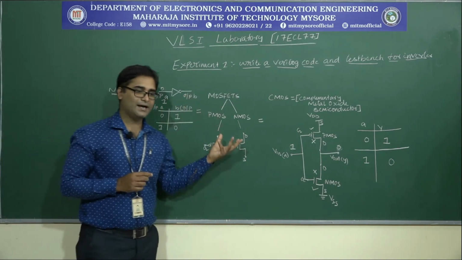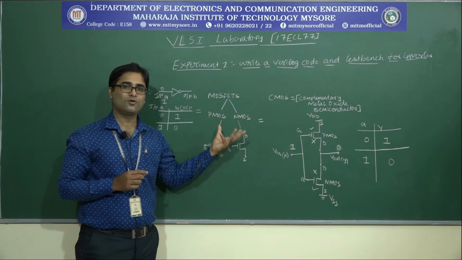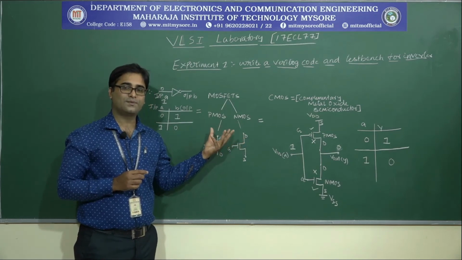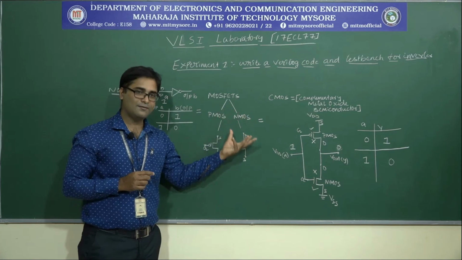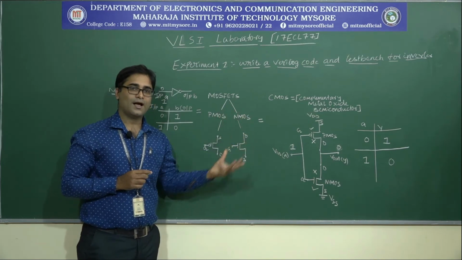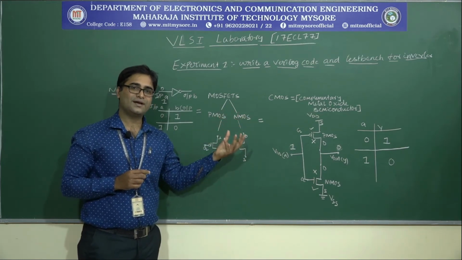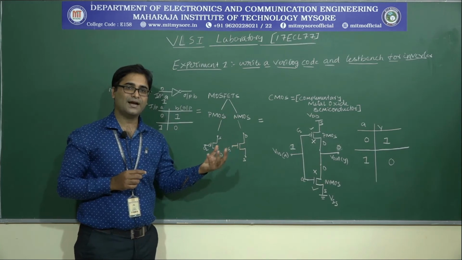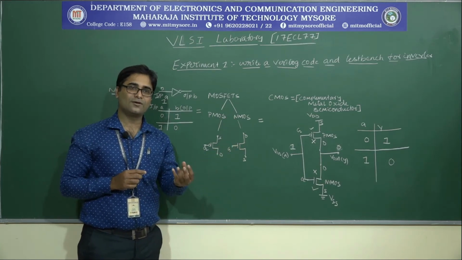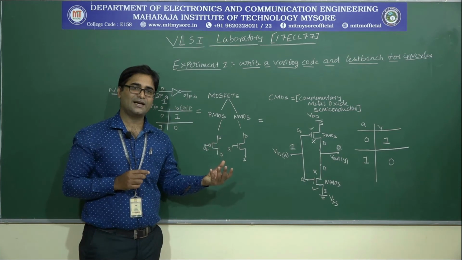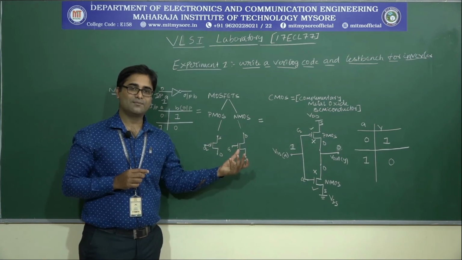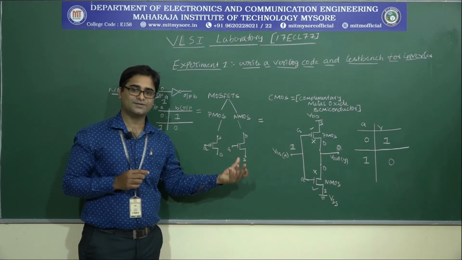So we will write a Verilog code for this inverter, and we will see the simulation results by writing another Verilog code which defines the functionality, which is called the test bench.